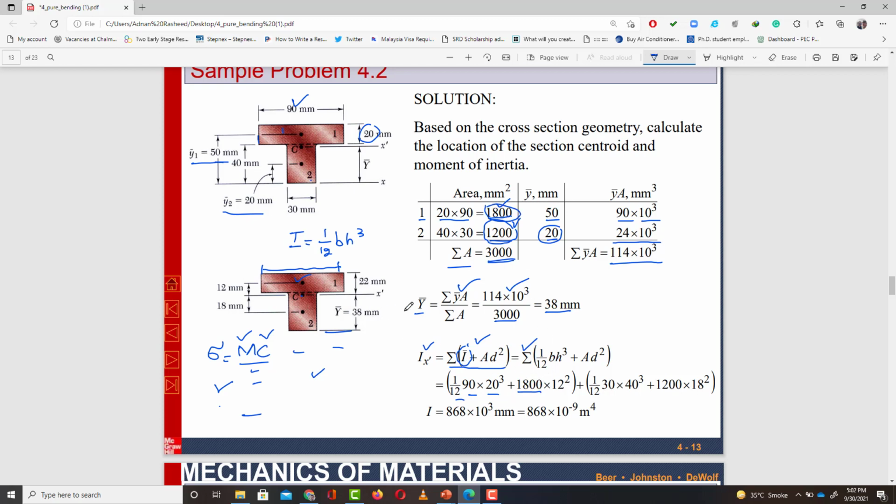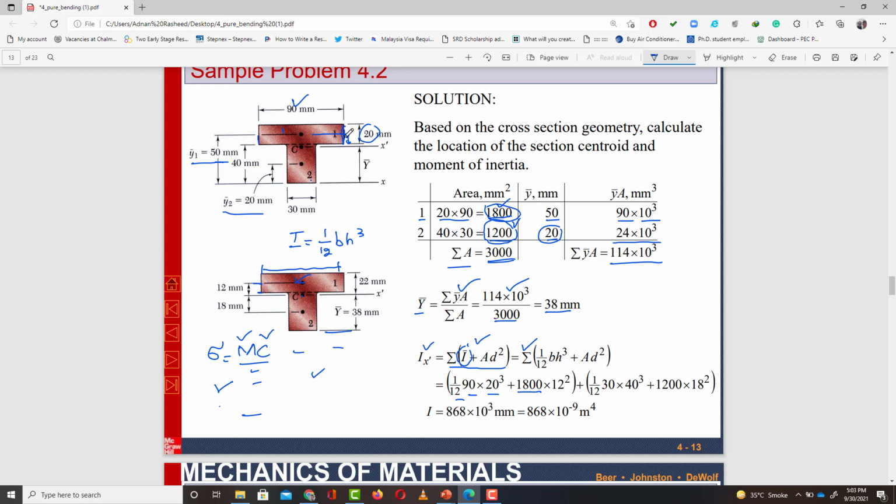Now D square. The center of this portion lies from this point till this point. Sorry, not 20. From this point it is 20 and half of this will be 10.